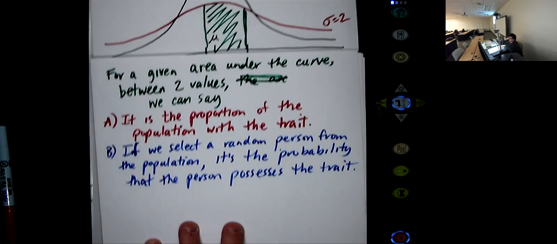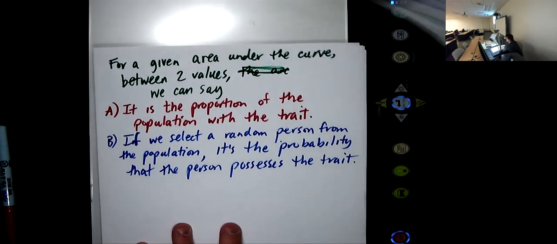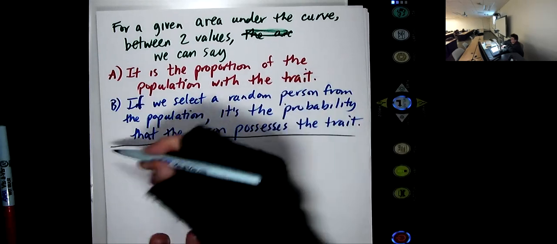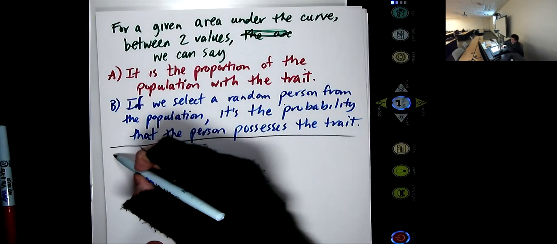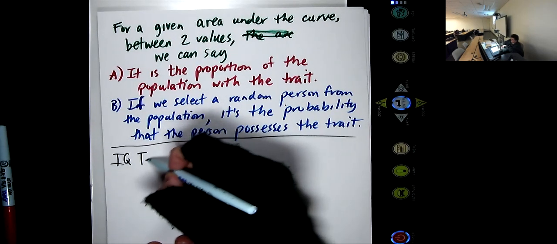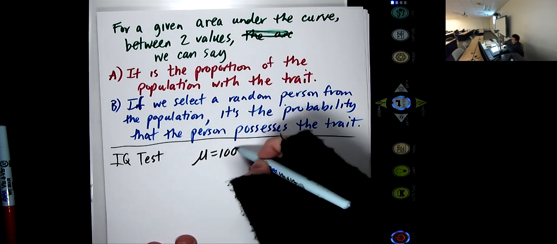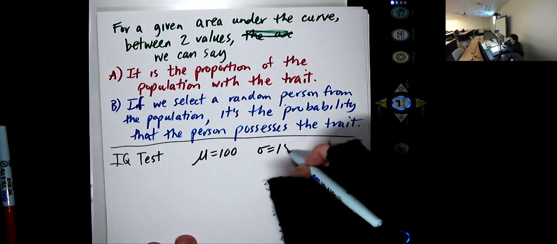So for the following example that I'm going to do on StatCrunch, we're talking about the IQ test, this standard IQ test. The mean is 100. The standard deviation is 15.